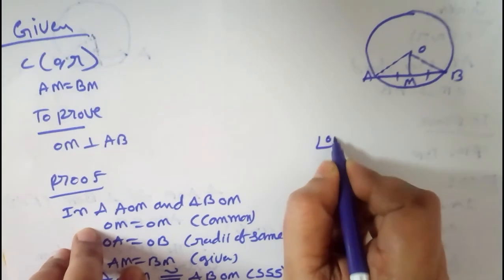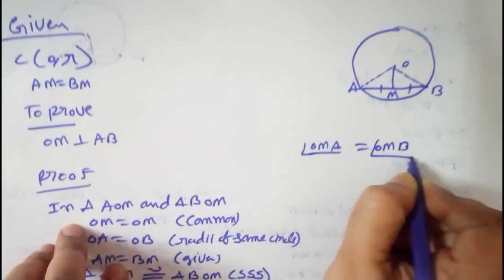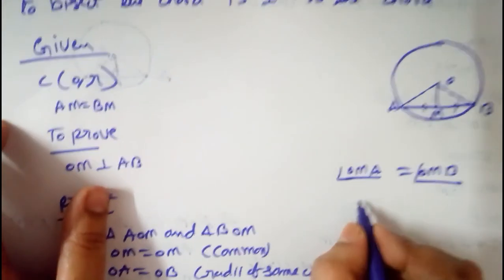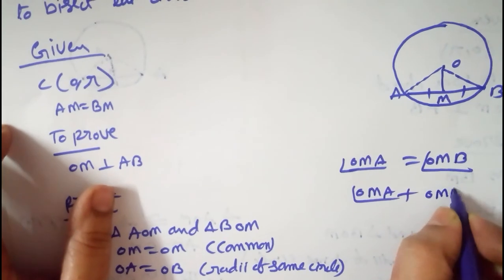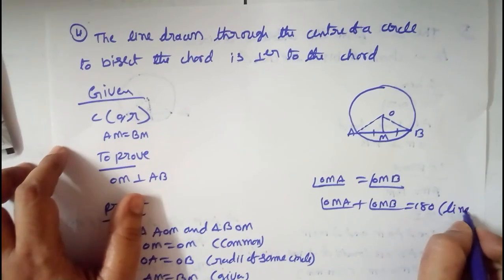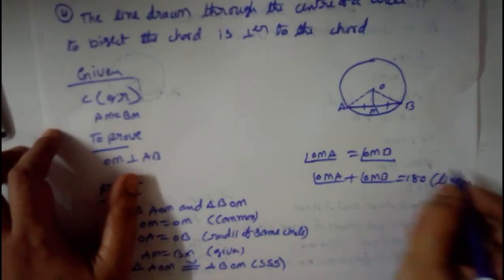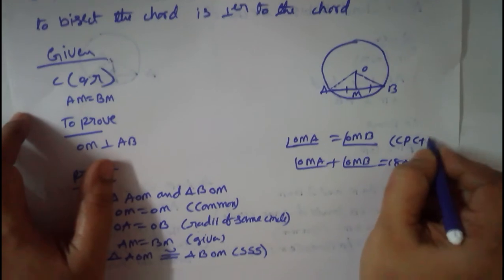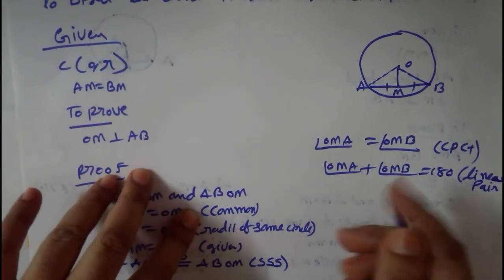If two triangles are congruent, all the corresponding parts are equal, then angle OMA is equal to angle OMB. But these two are forming a linear pair. OMA plus OMB is equal to 180, linear pair. Both are forming a linear pair and the two angles are equal.